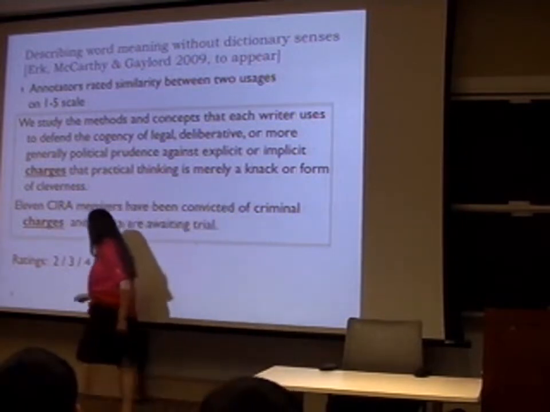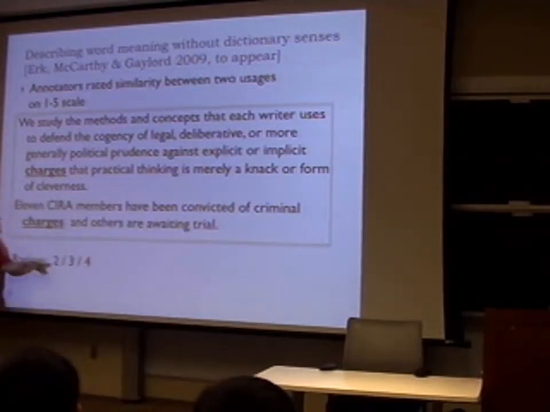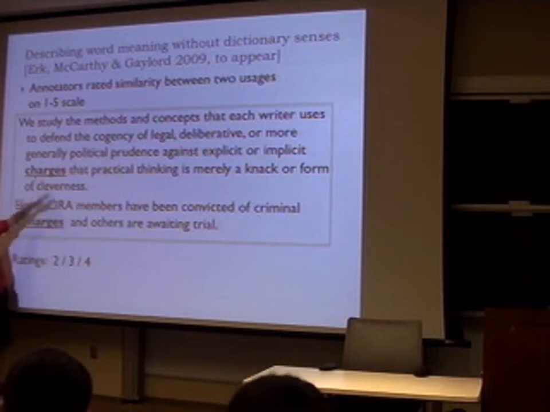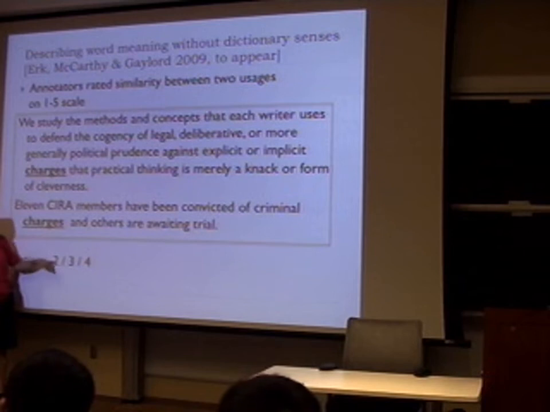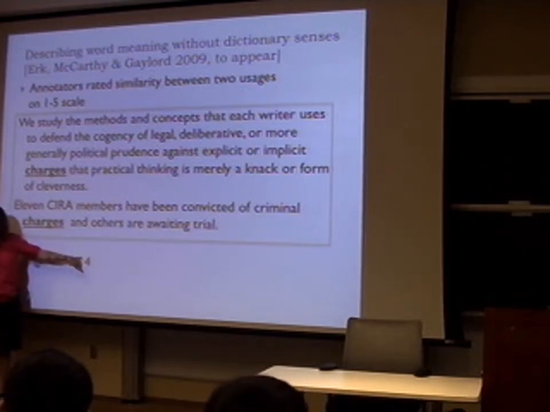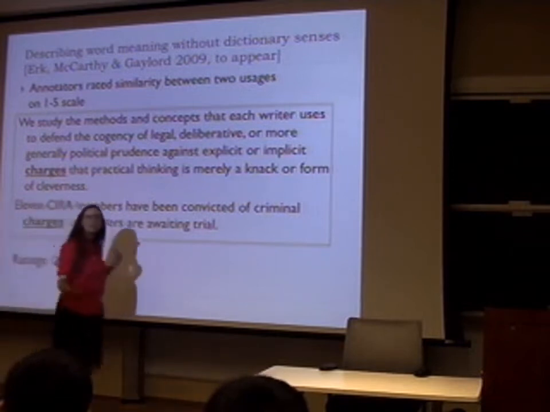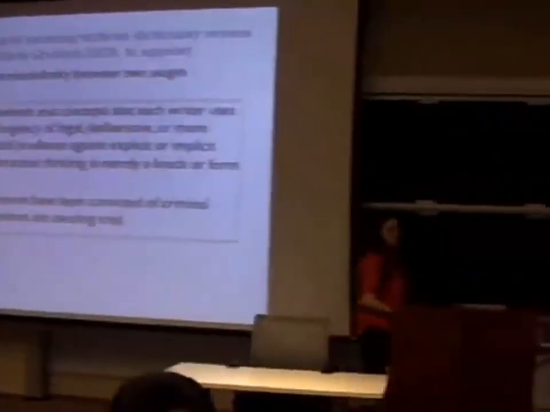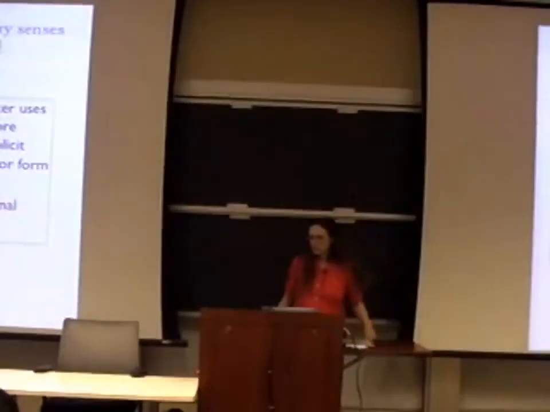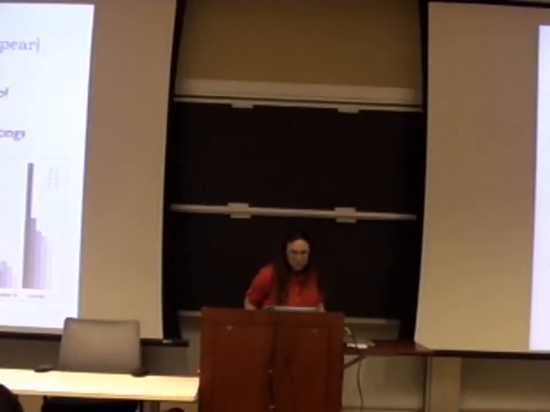And 3 annotators again. 1 annotator gave a rating of 2, so these 2 uses are somewhat similar, but still mostly different. 3 is similar, and 4 is highly similar. So you can see, on average, the annotators thought these 2 uses to be kind of medium similar.